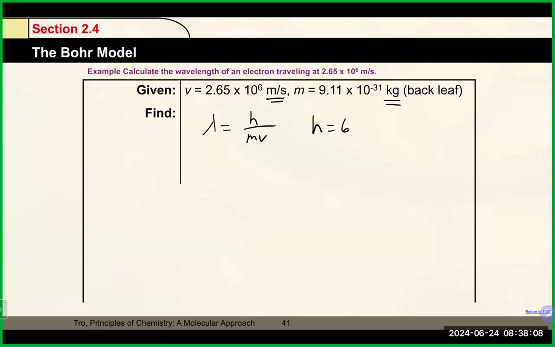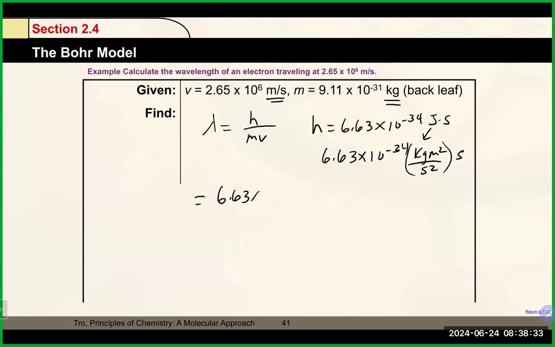Our h is still the same Planck's constant. Remembering that the joules basically swaps out in this case, if you want to see the units, kilograms, meters squared, second squared, which is our joules part, still a second left over.